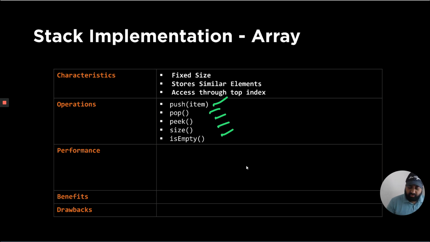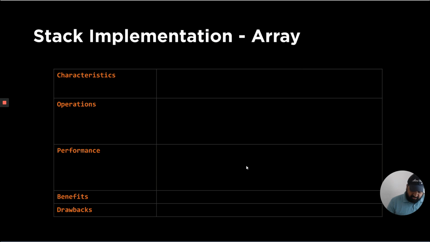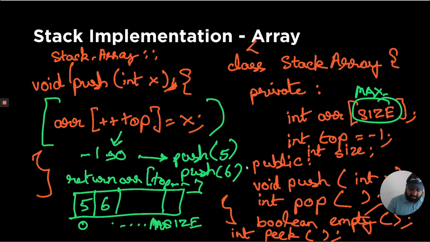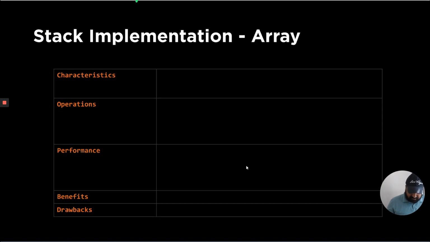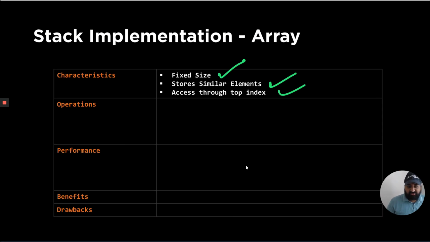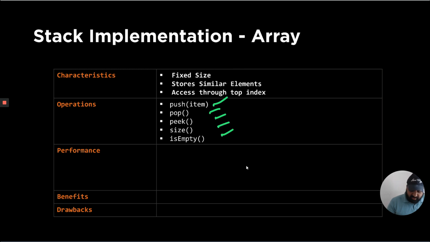Whenever we were pushing an element, we wrote just one line of code, which was arr[++top] = x. So we are adding elements at the last index of the array, which is also the address of the top pointer, or in this case, the top index. It will just take a constant amount of time to push an element.